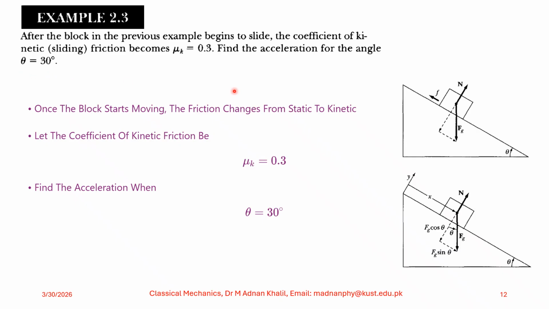So remember, this is connected to the previous problem, so everything is the same. And theta is 30, which is greater than 22 degree, so that means the object will slide down. So once it is moving downward along the inclined plane, we need to find out the acceleration as we have calculated in the first example.